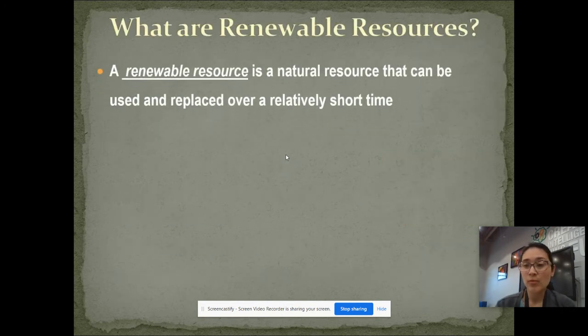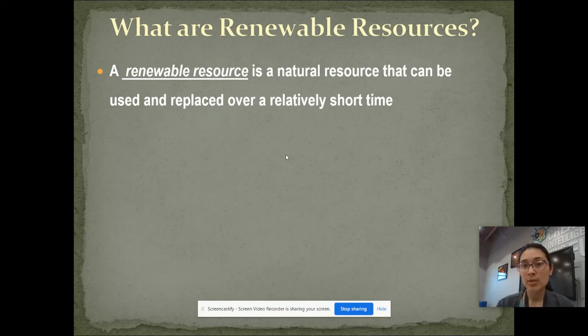So first, what is a renewable resource? A renewable resource is a natural resource. So again, it comes from the earth and can be used and replaced over a relatively short time. That means we can keep reusing them over a short period of time. It doesn't take a long time for us to reuse these or to make more.